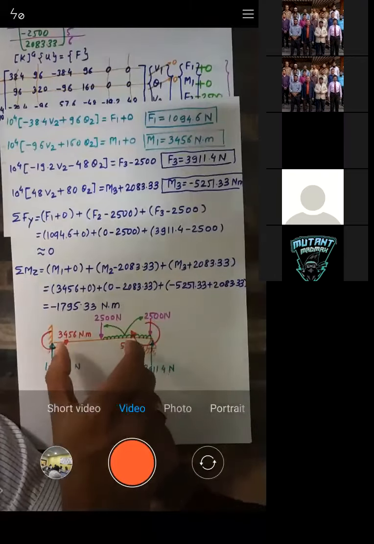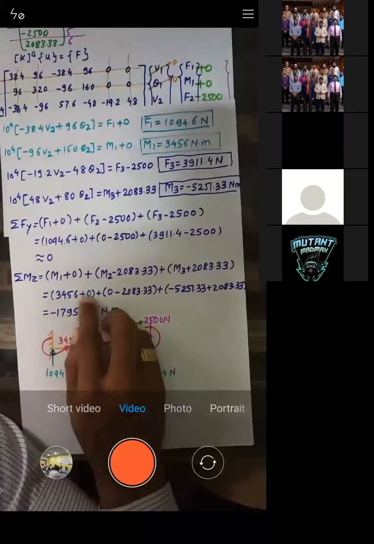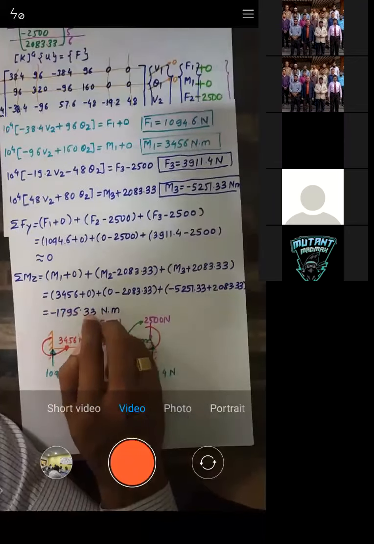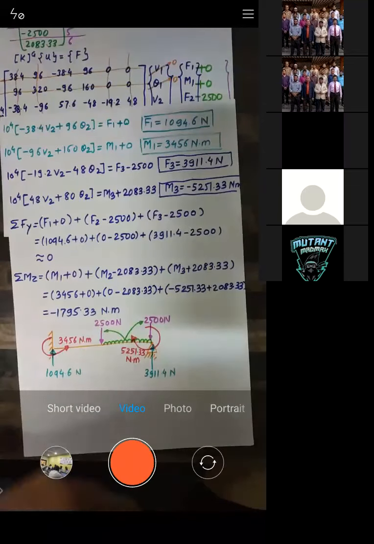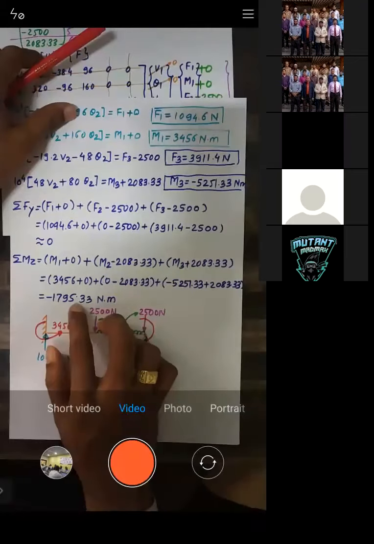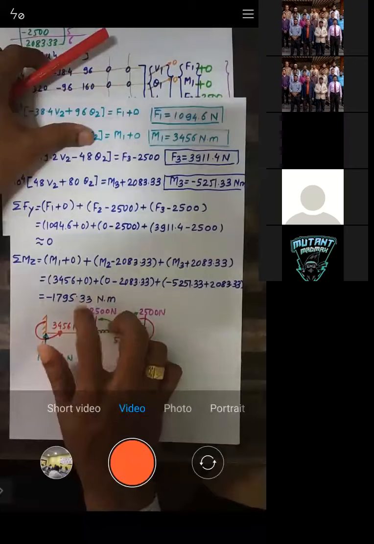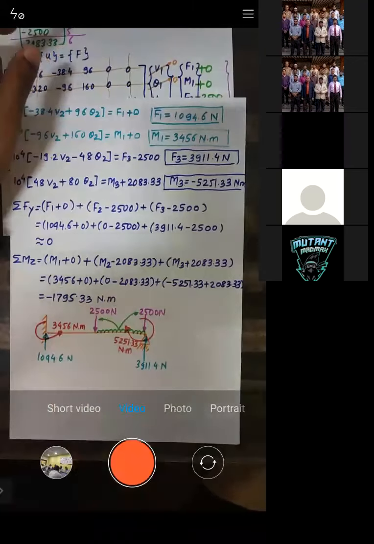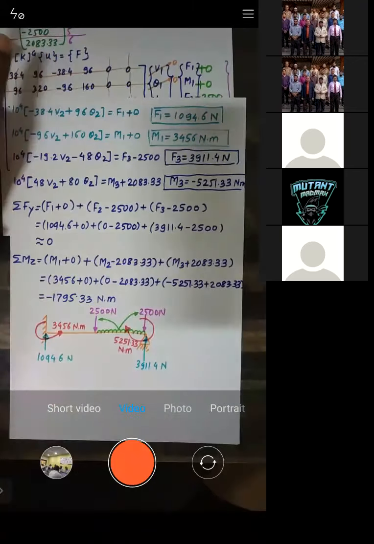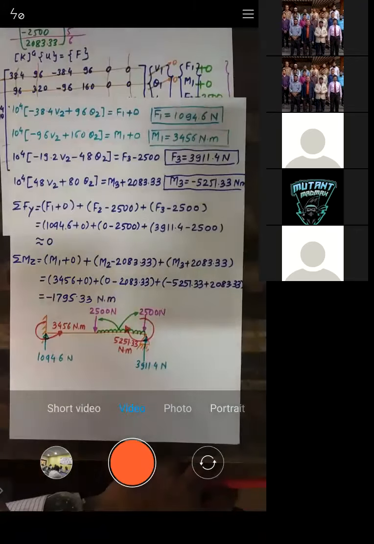If you take the addition, it comes to minus 1795.33. This is the unbalanced moment. Is that clear?